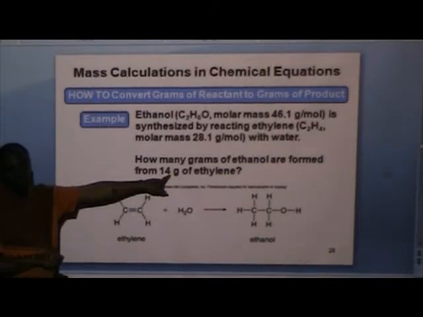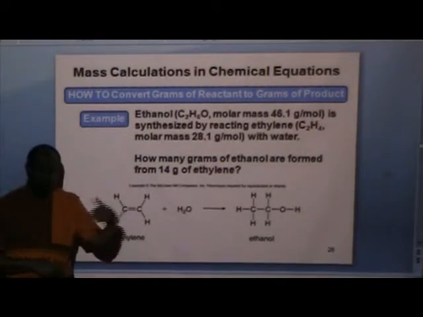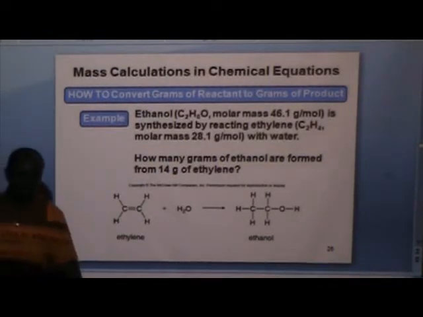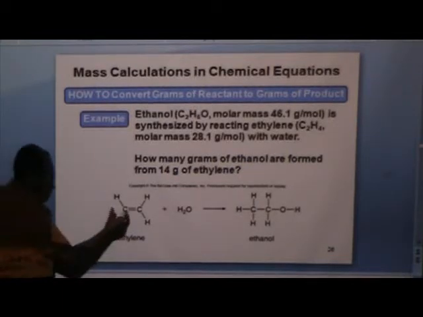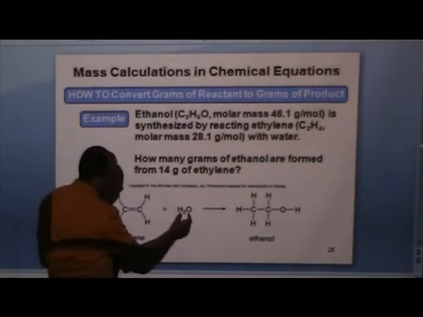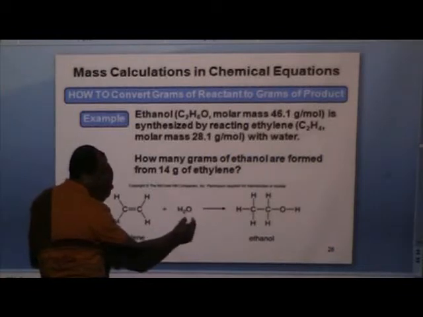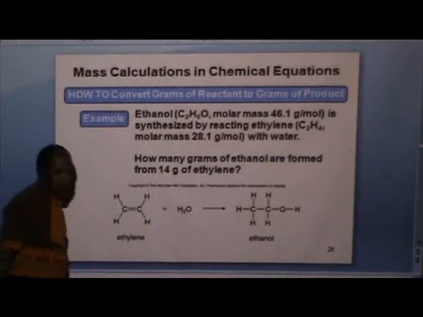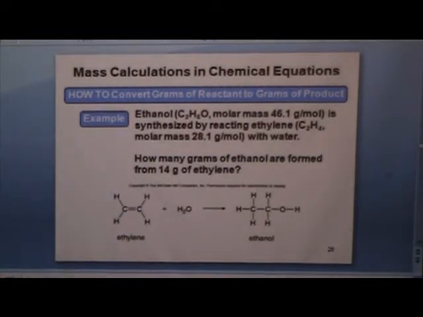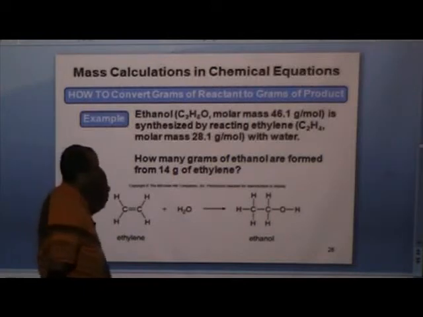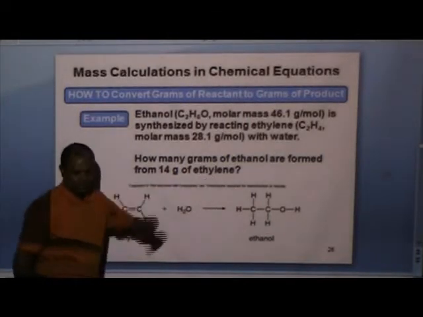Okay? So I don't need to go all over to convert the mass into moles. I can compare a mass ratio of water to the mass ratio of ethanol, the molar mass ratio. So according to here, how many grams of ethanol are formed from 14 grams of ethylene?